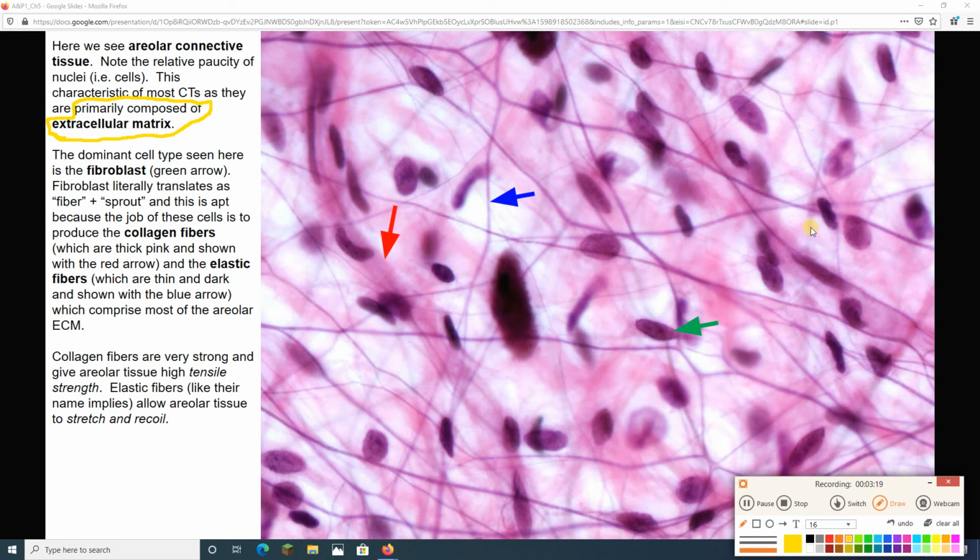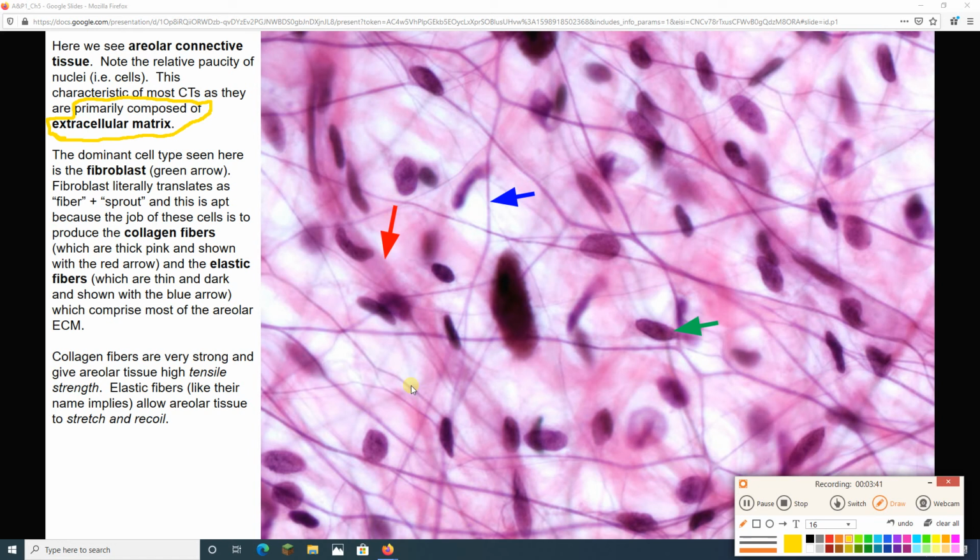And we see two varieties of fibers here. There are these skinny purple fibers. There's one blue arrow pointing on him. There's a lot of them. These are called elastic fibers. So elastic fibers are elastic. This means they do two things.